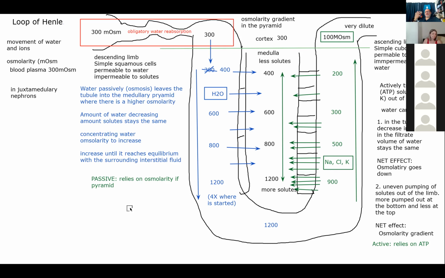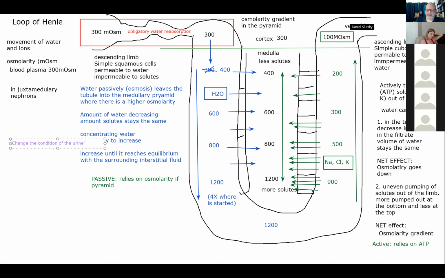Right? There's a final implication to this that we haven't talked about yet. And why is this important that we decouple them? The reason it's important is that by being able to decouple water reabsorption and solute reabsorption, we're able to change the condition of the urine, right?